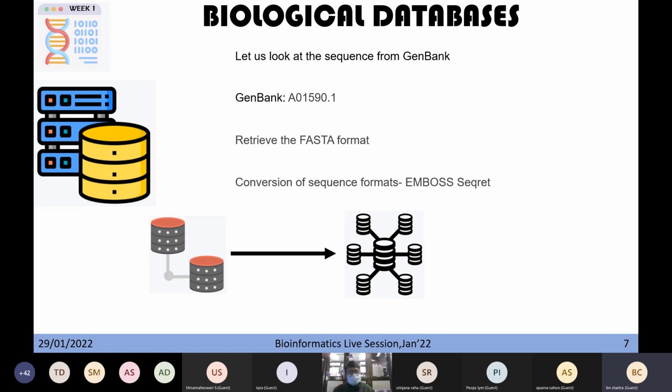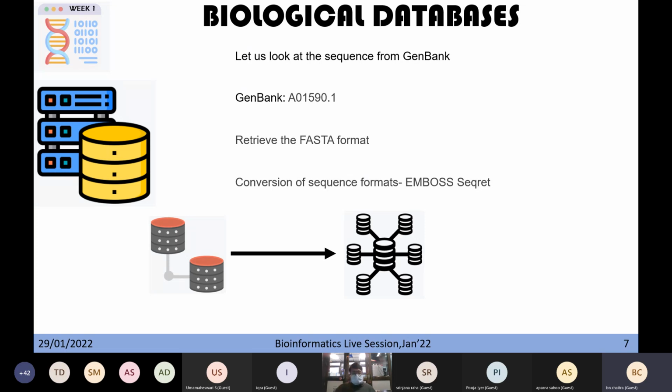So the databases need to be very interconnected and the network should be very strong for one file format to be understood, analyzed and interpreted. For example, if a nucleotide sequence is submitted in GenBank, it should be understood by the software that translates it to protein sequences to predict the protein coding genes.